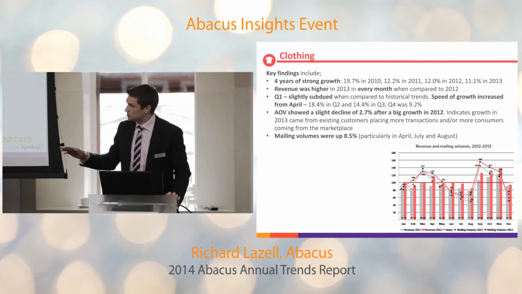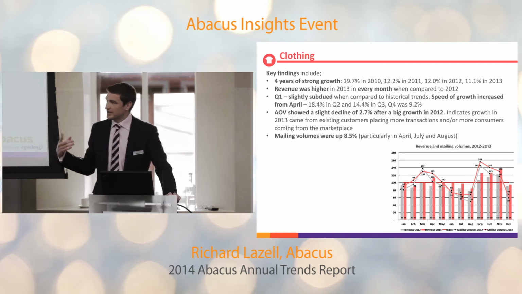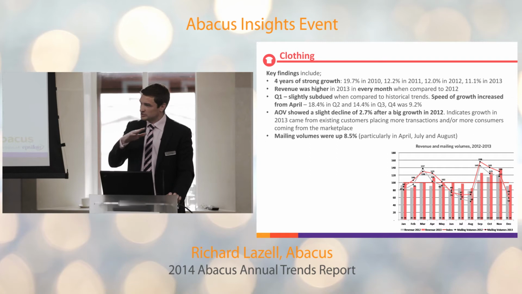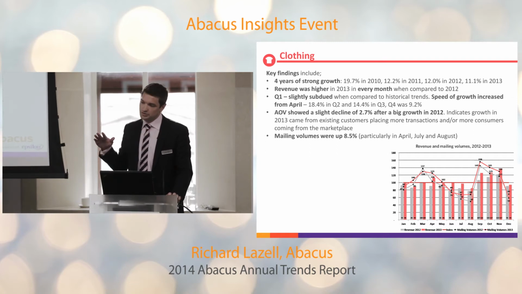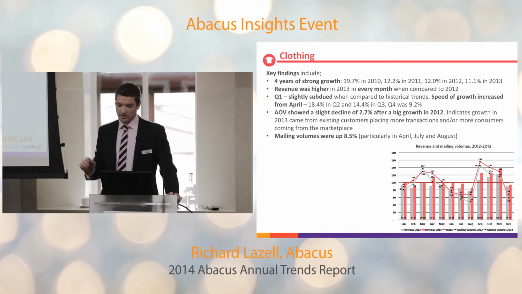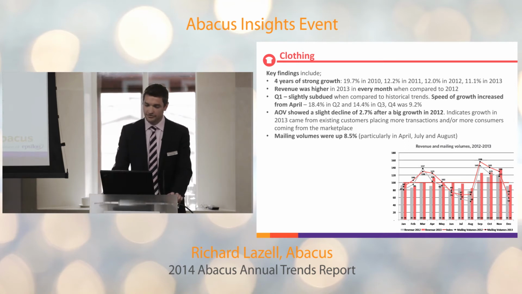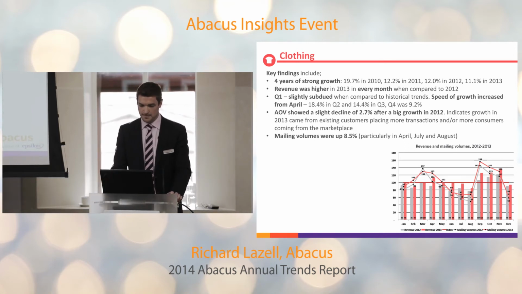Again, the first quarter was slightly subdued. Maybe that's piggybacking on 2012, when it was a slower close to the year, but it really did ramp up in Q2, with a 14.5% increase, and 15.5% in Q3. So a really good finish to the year for the clothing category.